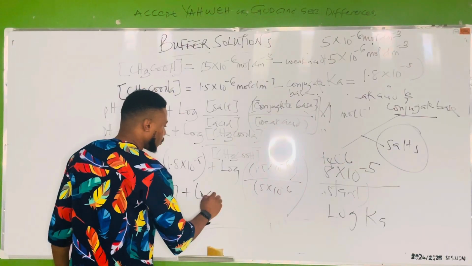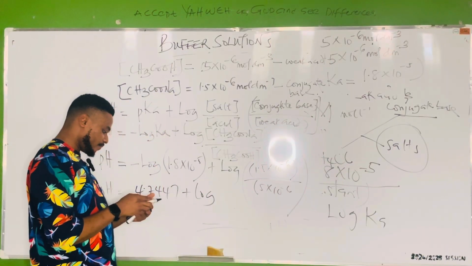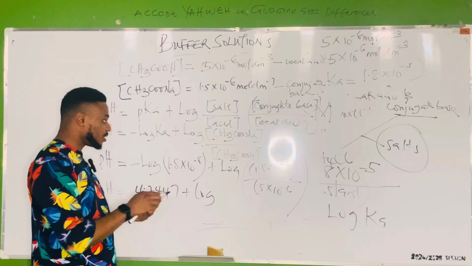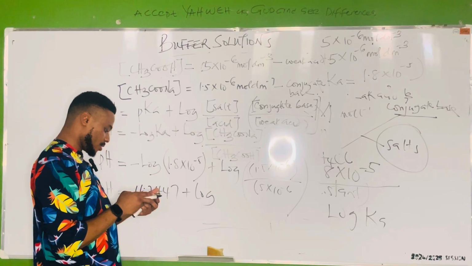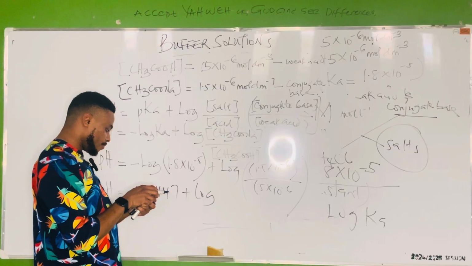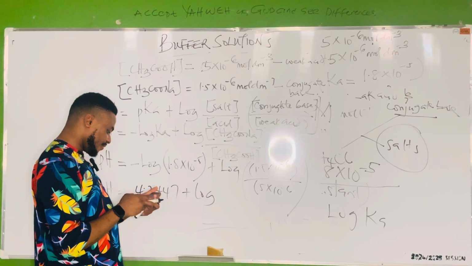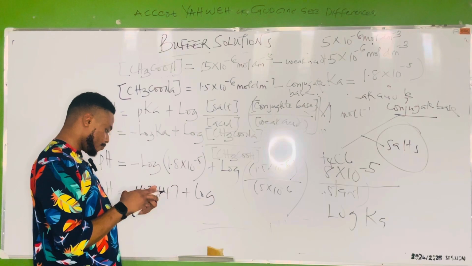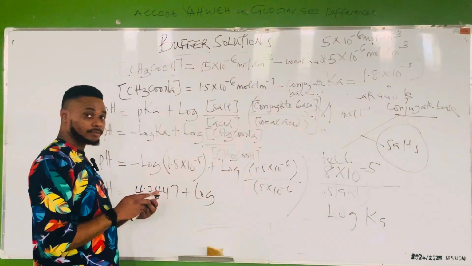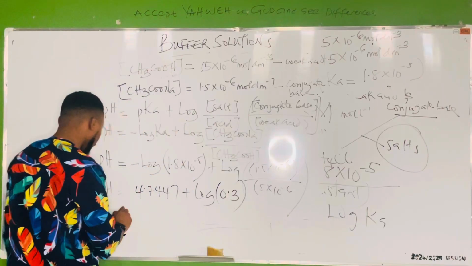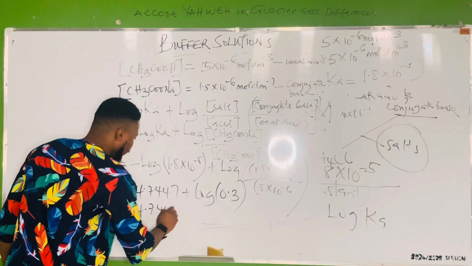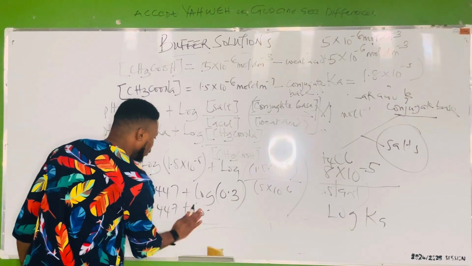Now plus log. Now you divide. Let's quickly divide 1.5 times 10 raised to power minus 6 by 5 times 10 raised to power minus 6. This will give us 0.3. So now we have 4.7447 plus log 0.3.